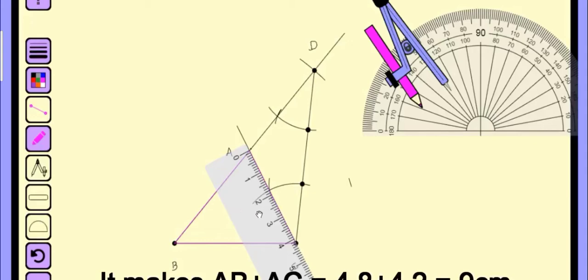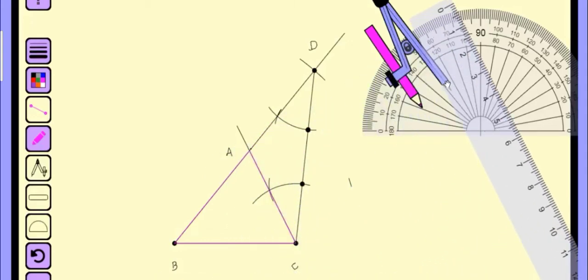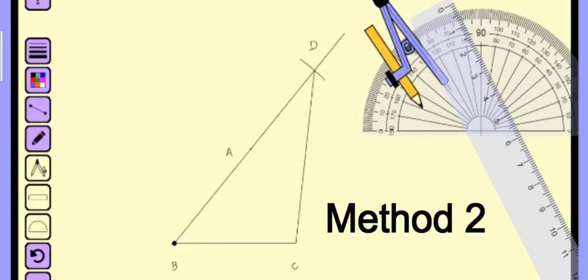That's why you constructed BD as 9 centimeters. So in this way, by using the angle bisector, you can construct the triangle.